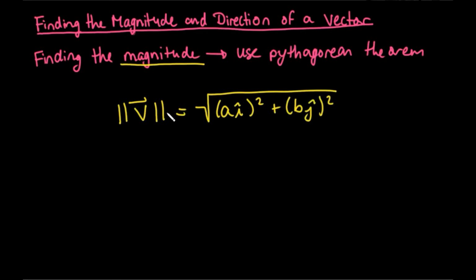Now, these two lines on either side of the vector mean magnitude. So whenever you see these two lines, it means that we're looking for the magnitude.